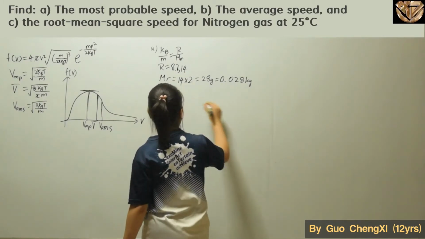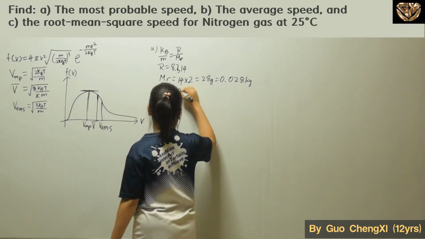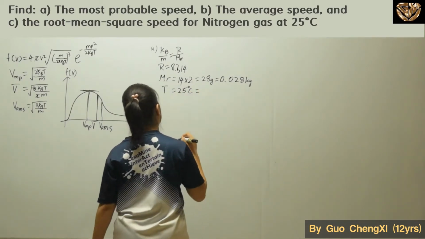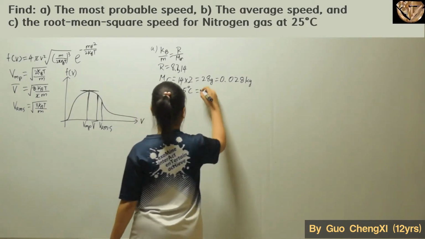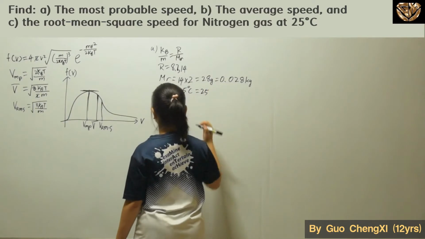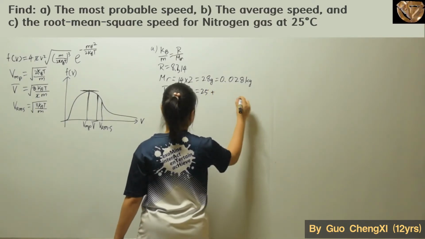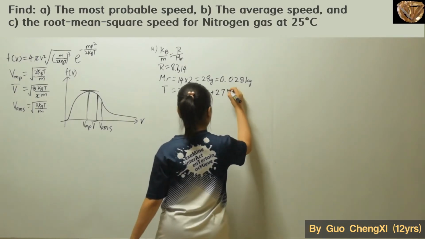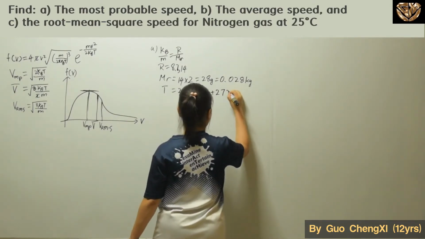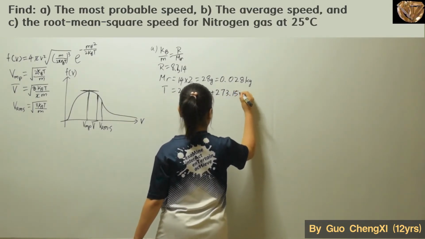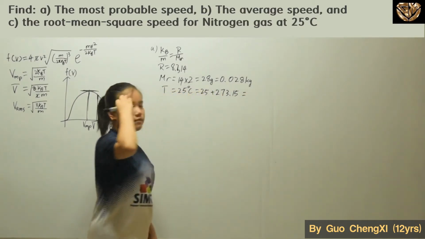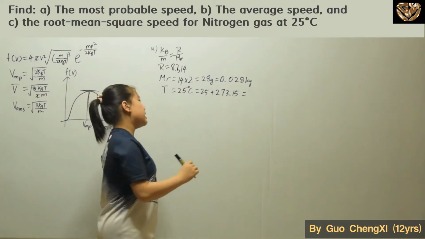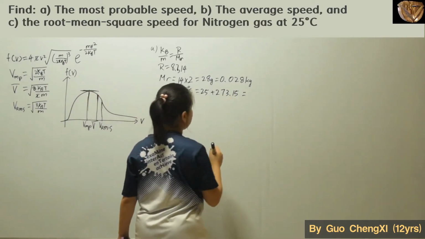So temperature, which is 25 degrees Celsius, it has to be converted into Kelvin, which is 25 plus 273.15. Okay, so if you want to convert between Celsius and Kelvin, then you just add 273.15.